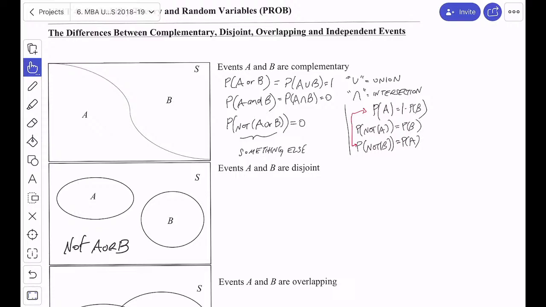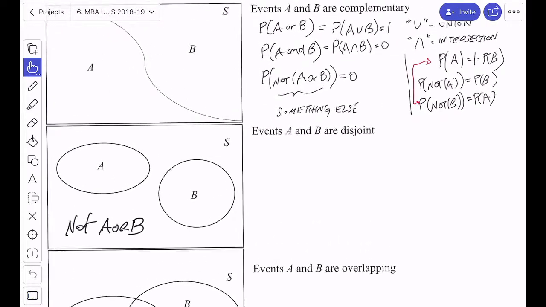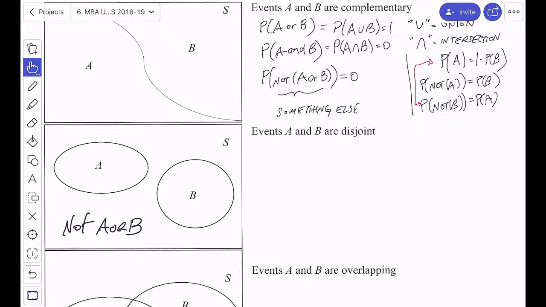What about these now, these disjoint events? Disjoint events are not complementary because we have that something else, a third space, or third event. It's dependent on the other two not happening, but it exists. So disjoint events are not complementary, but complementary events are disjoint.